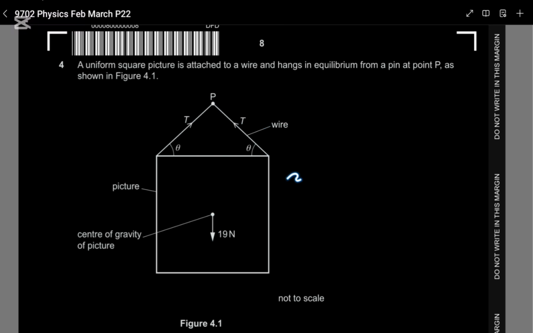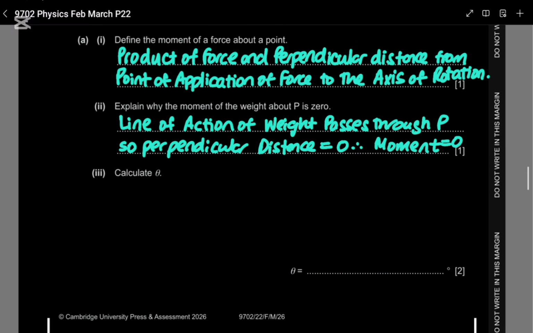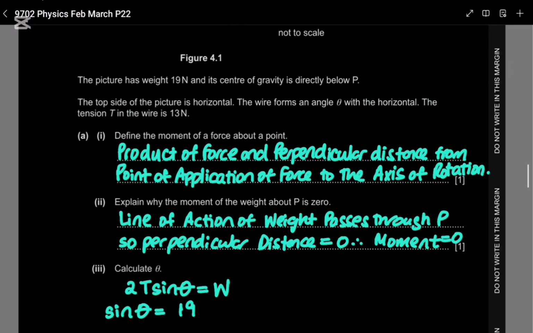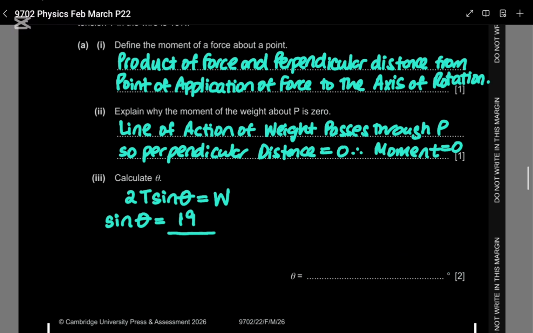Now 2T sine theta is going to be equal to the weight, because there are two tensions. Let's go back. 2T sine theta should be equal to the weight. Sine theta is equal to the weight, which is 19, and they gave us the tension is 13, so 19 over 2 times 13.